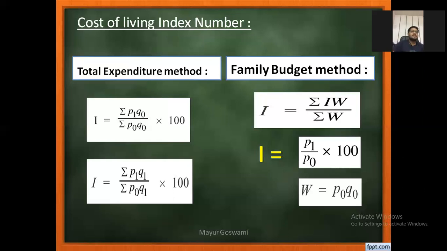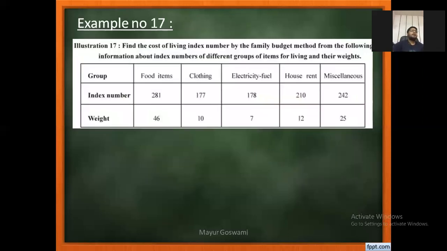Let's see the sum. Illustration number 17. Find the cost of living index number by family budget method, that means the weight formula, from the following information about index numbers of different groups of items for living and their weights. So the groups given are food items, clothes, electricity, fuel, house rent, miscellaneous.